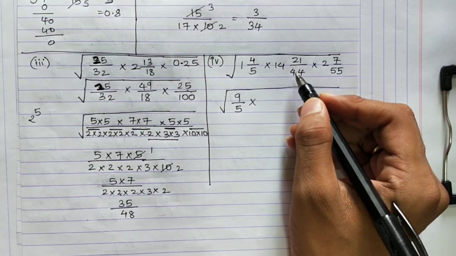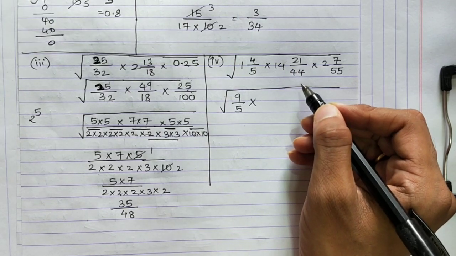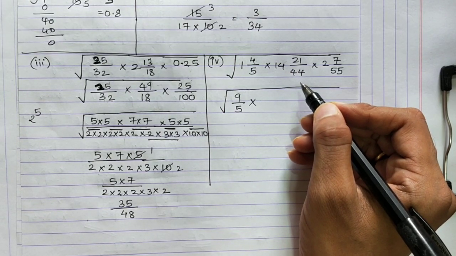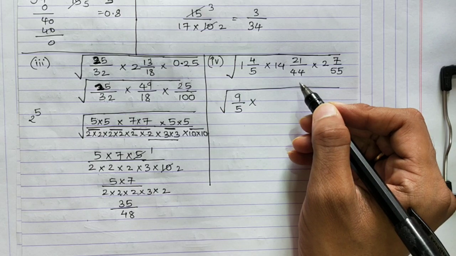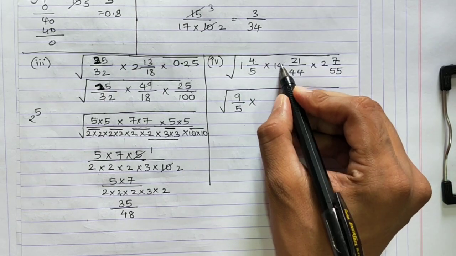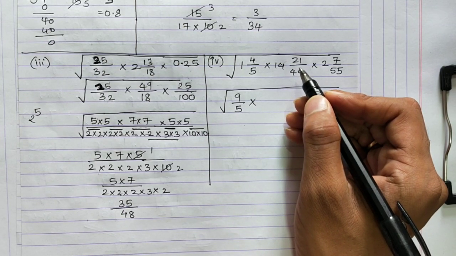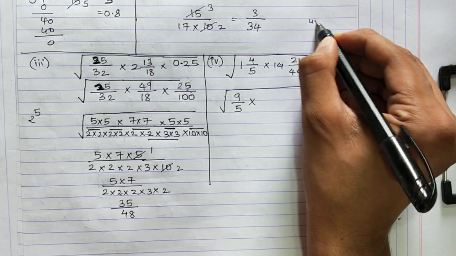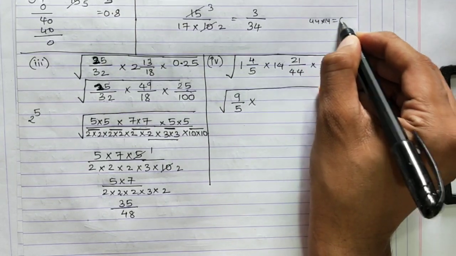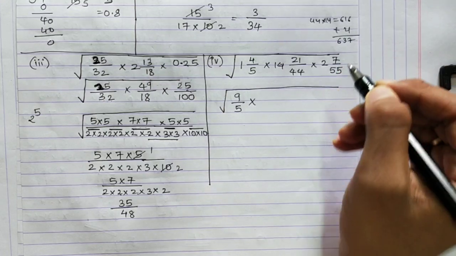44 into 14. See, this is a big number, a big multiplication. If you multiply 44 into 14, you will get 616, plus 21 is 637.